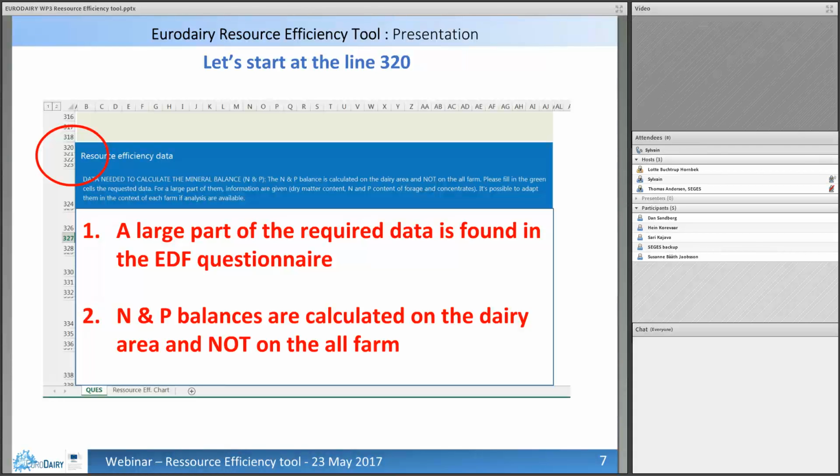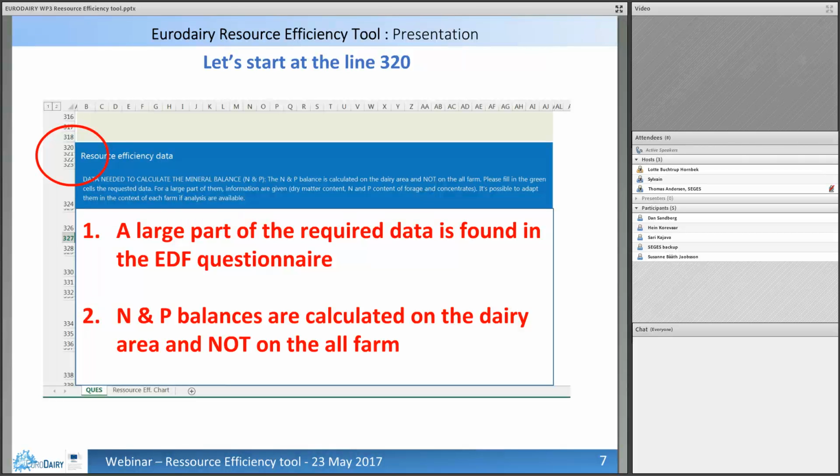The resource efficiency tool will start at line 320, and about 40 to 60 data need to be collected. Two main things to know.